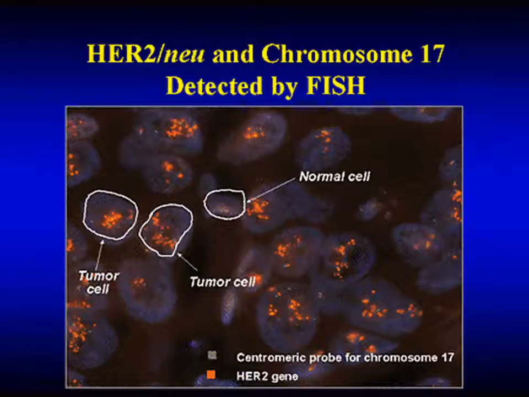And this is just showing you, you have a similar picture in your textbook, of how they would go about testing for the HER2 neu amplification. As you can see here, the normal cell has very little of the gene expressed, whereas with the tumor cell, when it's overexpressed, you can see how much more is present.